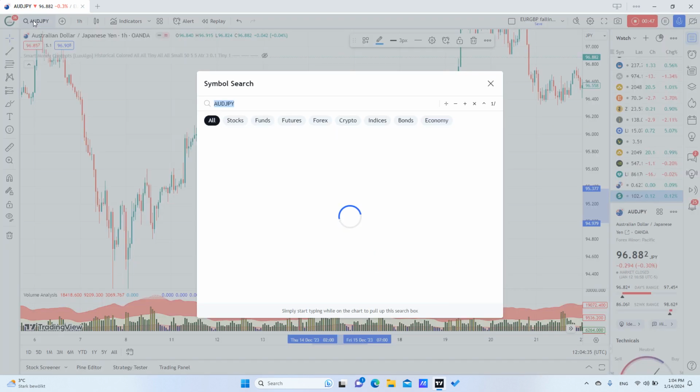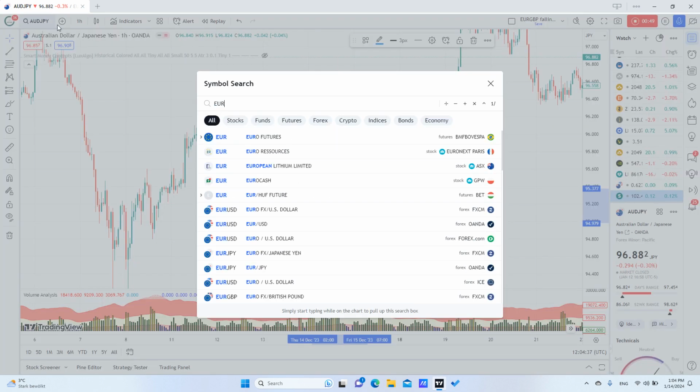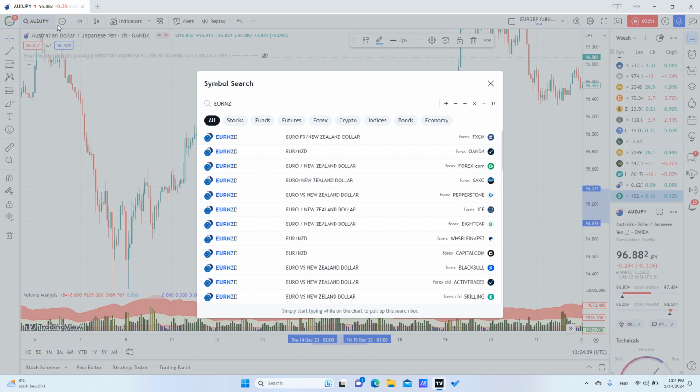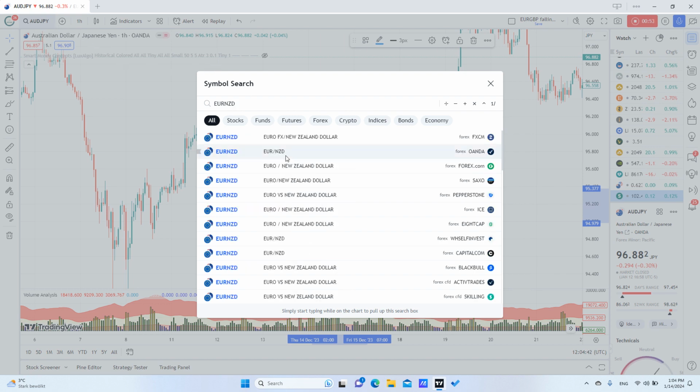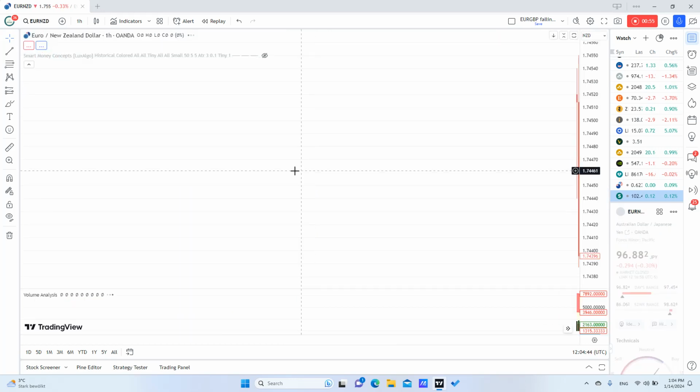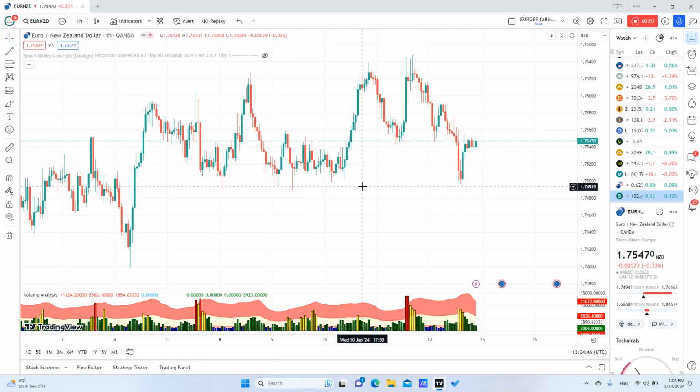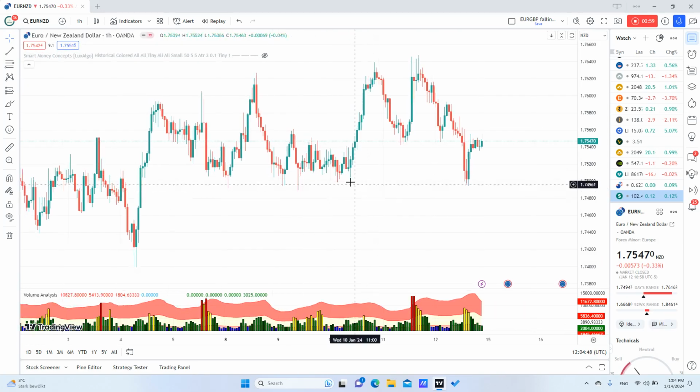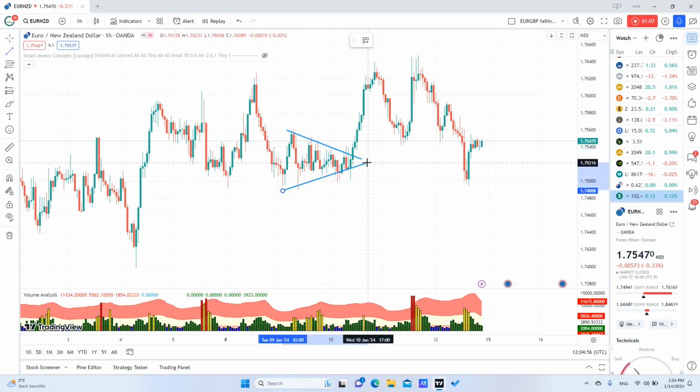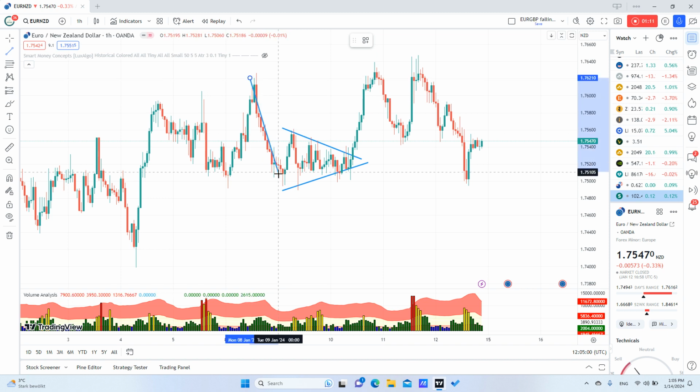Another example for the engineered liquidity, I think it was on Euro New Zealand dollar. Here, this one here. Normally, according to technical analysis books, when you see something like this, it is a bearish pennant.